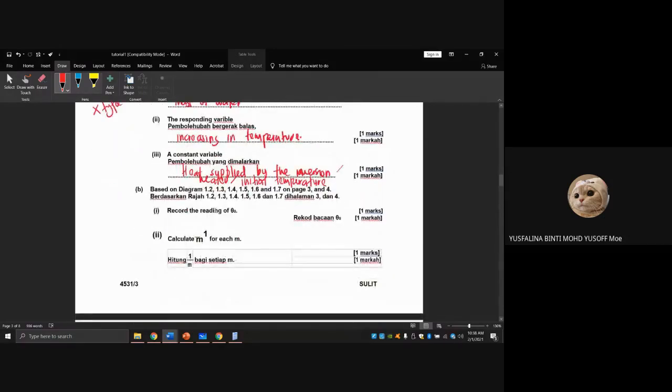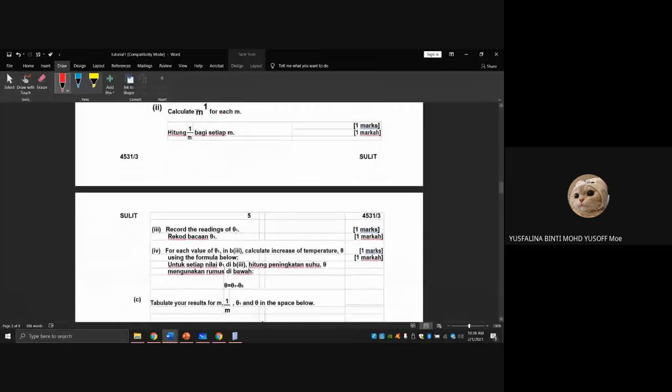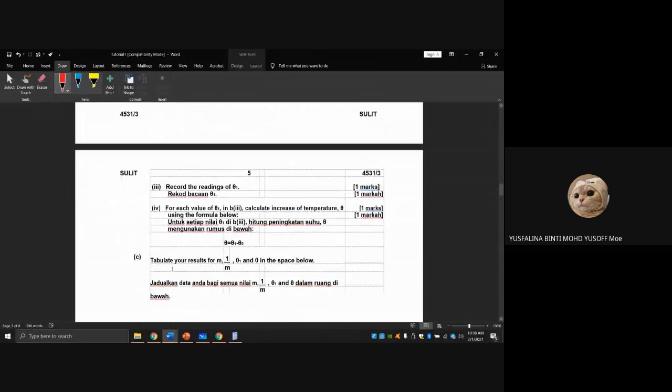For part B, I think we already did it: record, calculate 1 over M. And then tabulate your result for M, 1 over M, theta 1 and theta. You can see there are 4 values that you need to put in the table.